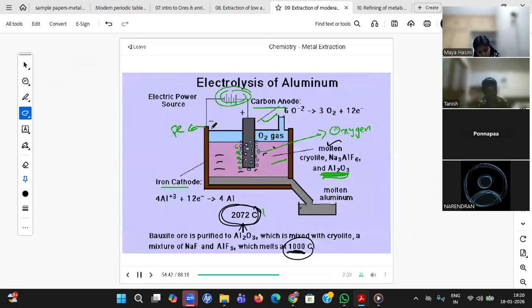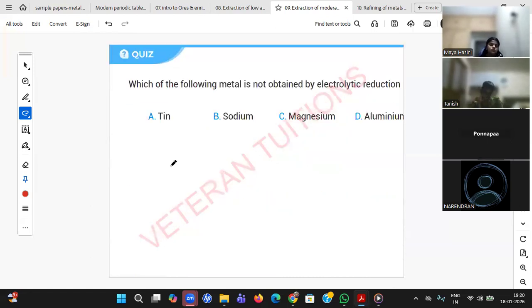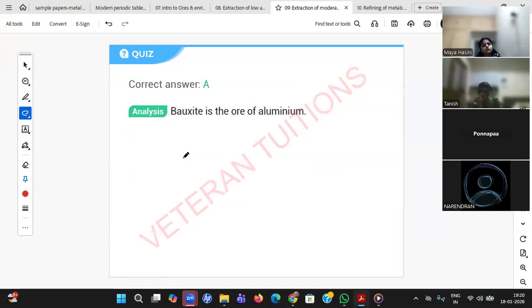Here we are using an iron cathode. So that depends on the boiling point, student. I want electrodes which have a higher boiling point than this liquid. In that way we have finished the extraction also.